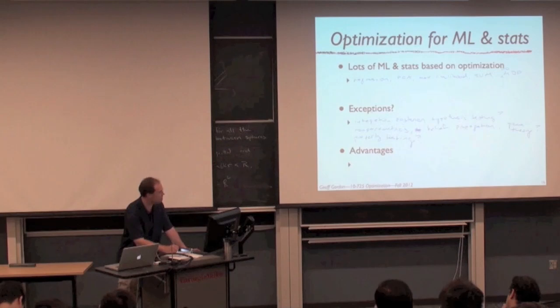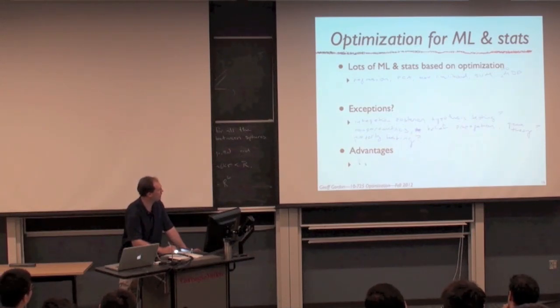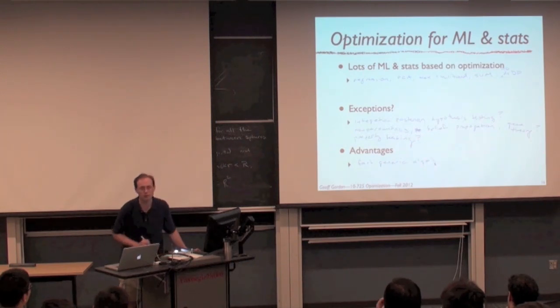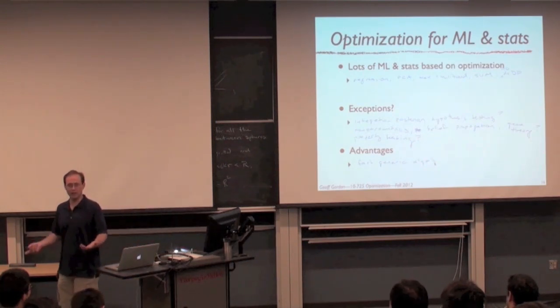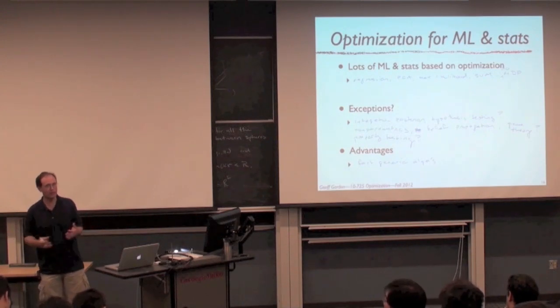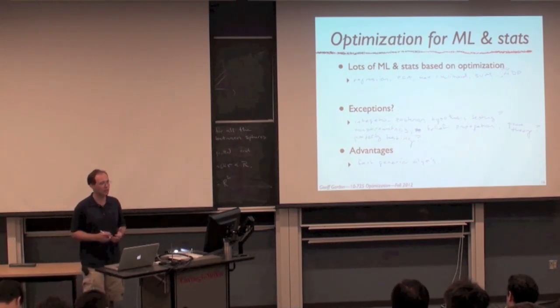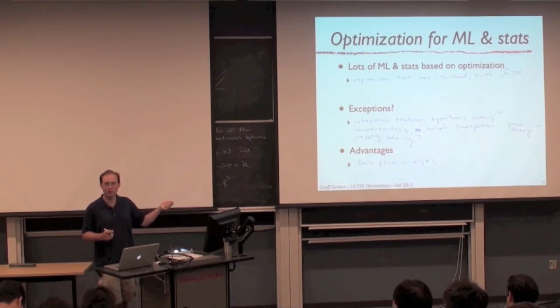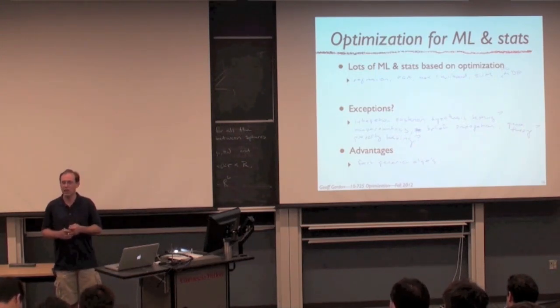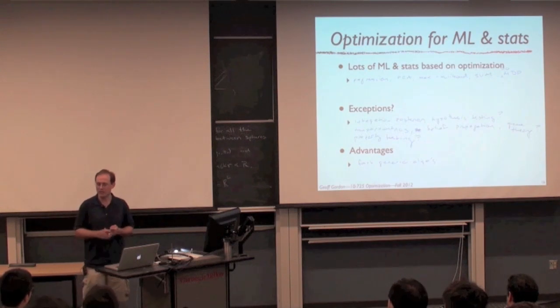One good one is that once you've set it up as an optimization problem, there are fast generic algorithms that you can use to solve it. That's one of the things you're going to learn in this course. Once you've done the work to set your problem up as an optimization, there's a big set of hammers you can hit it with.